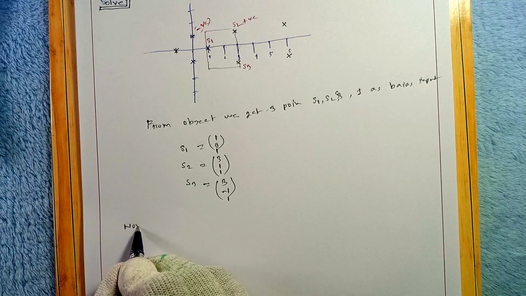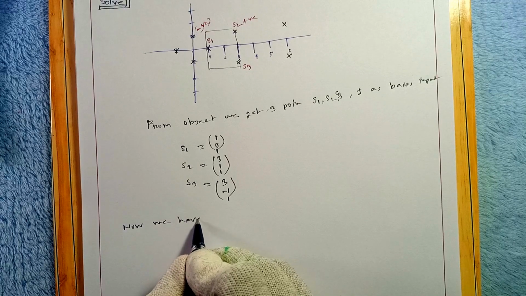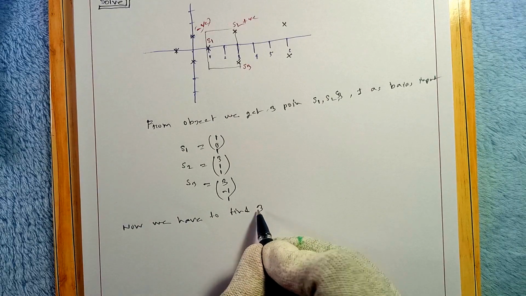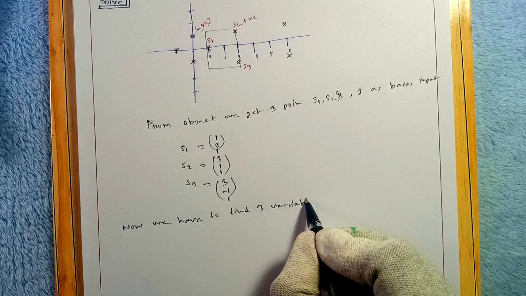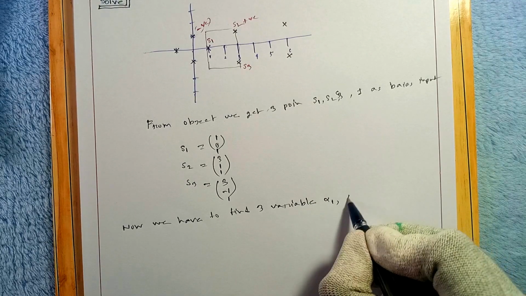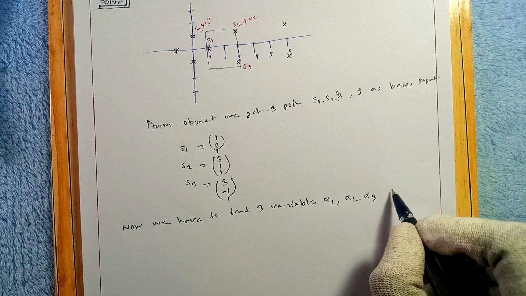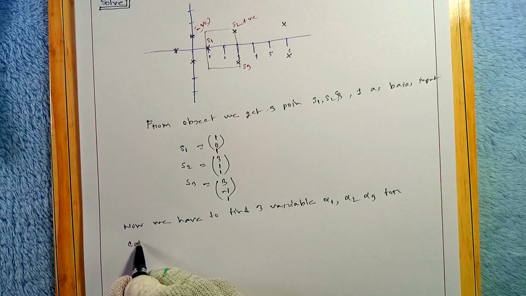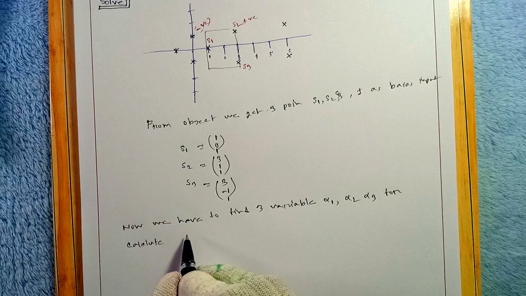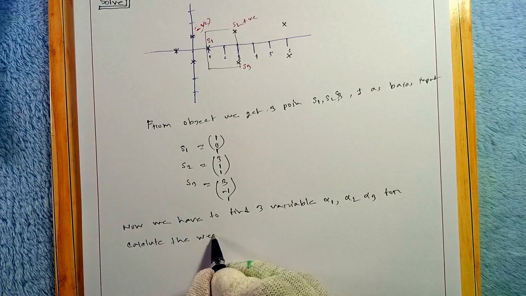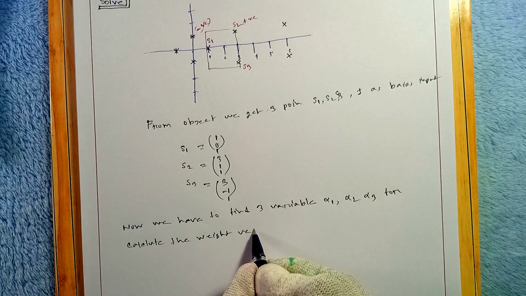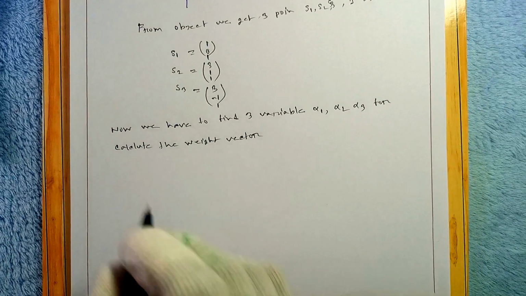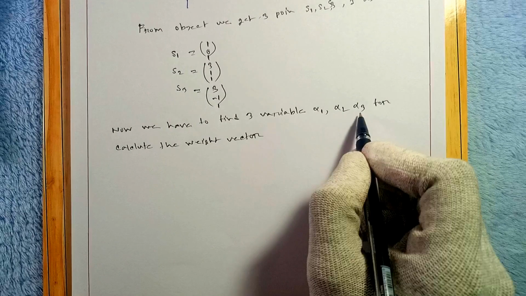How will you find the variables alpha 1, alpha 2, alpha 3?